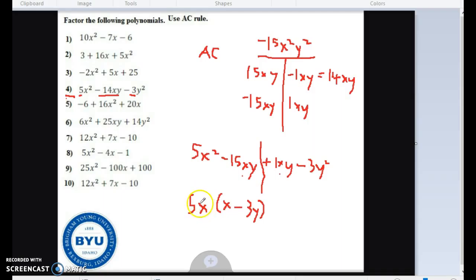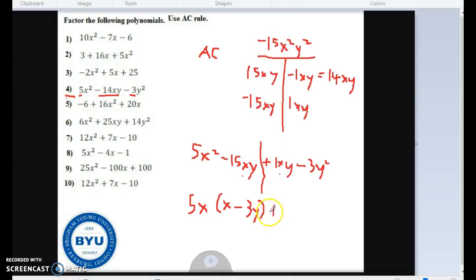And you can always double check: does 5x times x equal 5x squared? Yes. Does 5x times minus 3y equal minus 15xy? Yes.